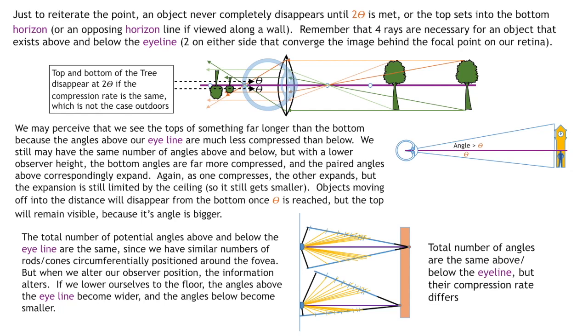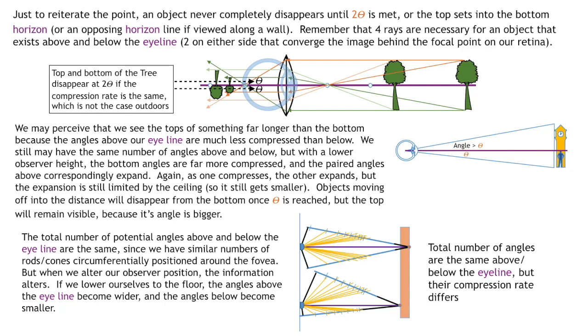The total number of potential angles above and below the eye line are the same, since we have a similar number of rods and cones circumferentially positioned around the fovea. But when we alter our observer position, the information alters. If we lower ourselves to the floor, the angles above the eye line become wider and the angles below become smaller, as you can see when you fix some points along some lines and move a central fixed point along those two.